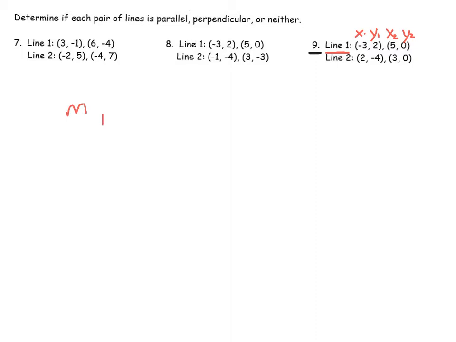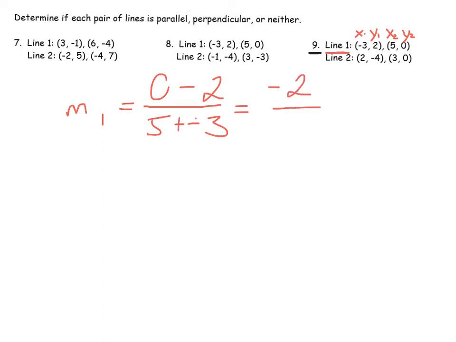So the slope of line 1, y2 minus y1 over x2 minus x1, looks like it's going to give me negative 2 over, these are going to turn to positive, over 8. So the last thing I'm going to do is just simplify that. Let's reduce that down to negative 1 over 4.